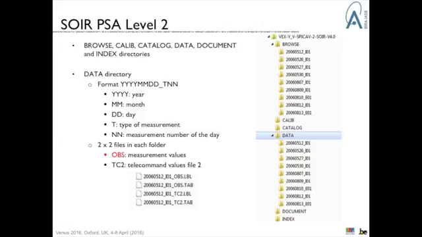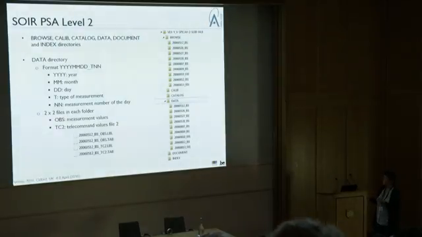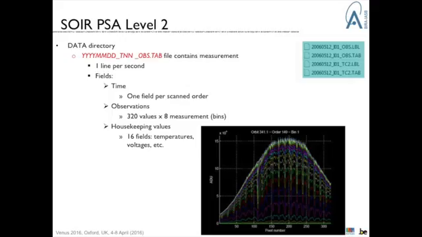You see that they follow a very basic naming convention, and in each of those subdirectories you have a series of files containing really the observations, and then files which contain information on how the observation has been obtained. Okay, so this is an example of raw data.